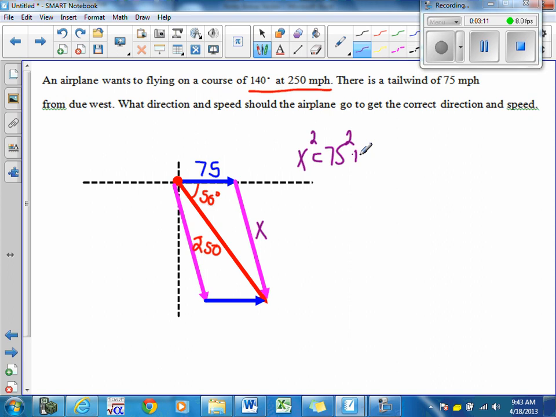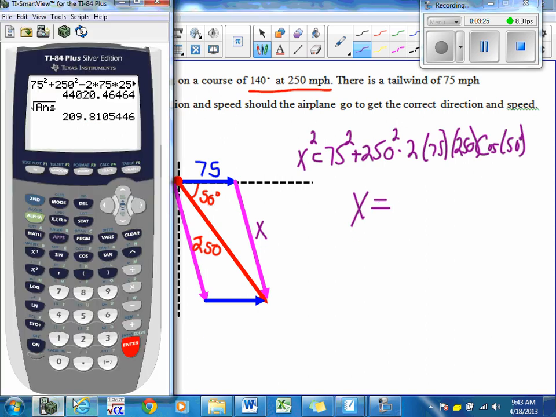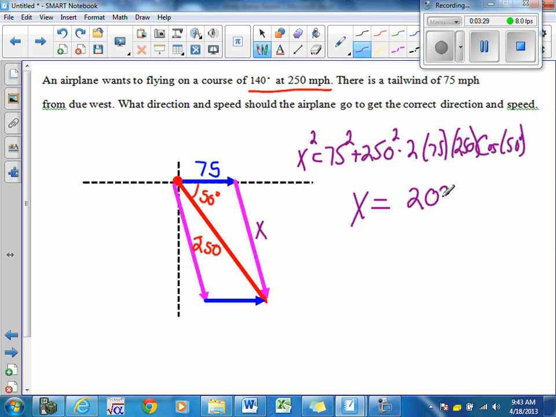75 squared plus 250 squared minus 2 times 75 times 250 times the cosine of 50 would give us x equals, and if I do that on the calculator, I get 209.81. The other thing I got to figure out is the direction. I got to find this angle right here, theta.